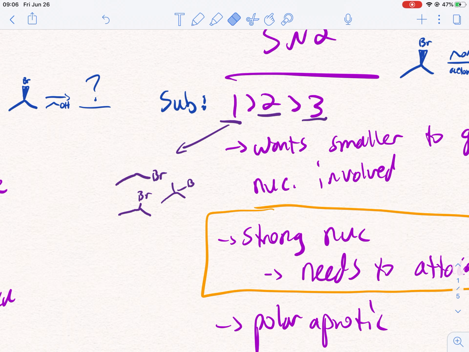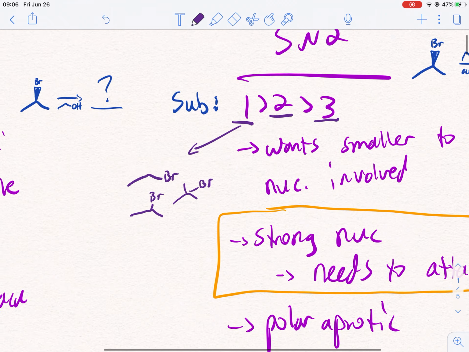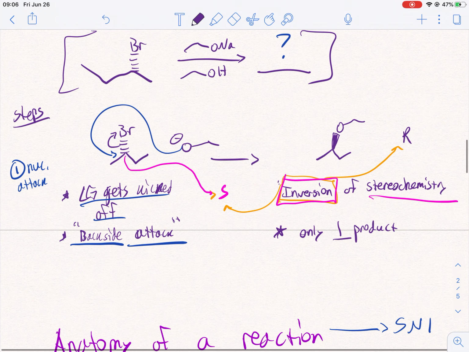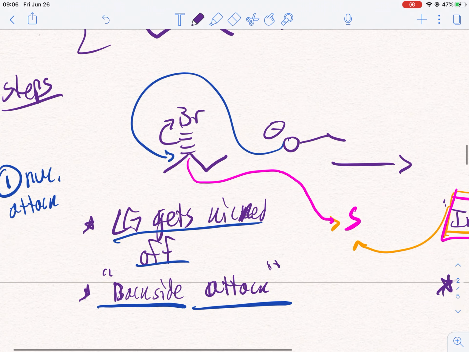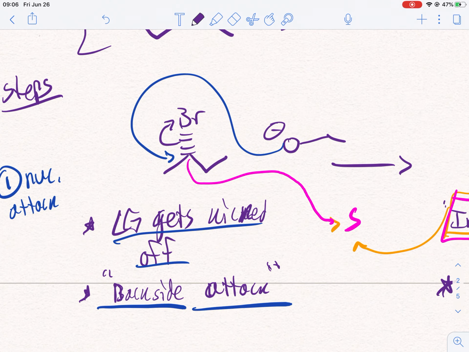Well, I'll keep that there actually. Because the first step is the nucleophilic attack, right? So you don't want stuff getting in the way of this thing attacking. That's why you want it to be really primary or secondary, not tertiary.